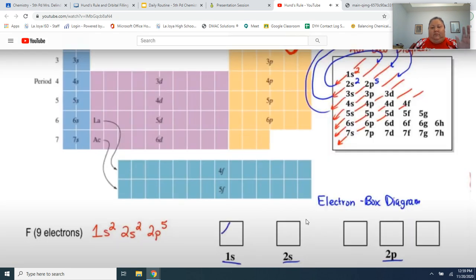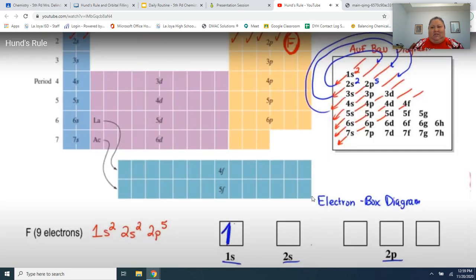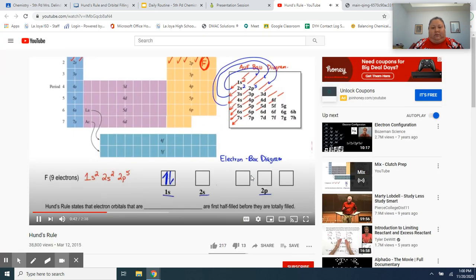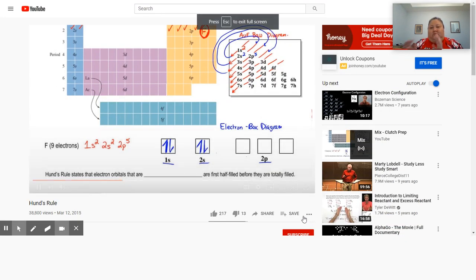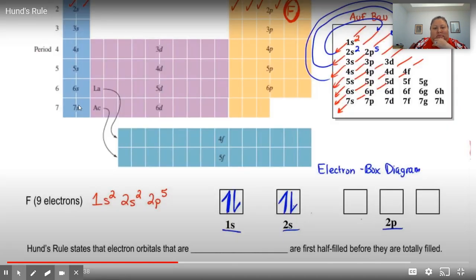And remember, I told you they have to spin in opposite directions. One spins up, the other one spins down. That's 1s2. We can then move on to 2s following the Aufbau principle, because we have to fill in the lower orbital first before we move on to the next one. So this one also has 2, 1 up, 1 down. Now, in 2p, we have 5 electrons. But here's the thing. All 3 of these electron orbitals are 2p orbitals. So they all have the same exact energy.